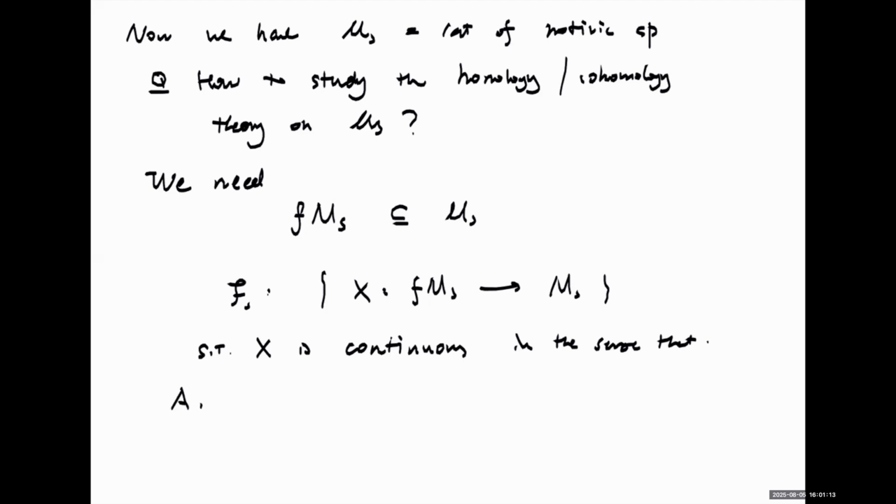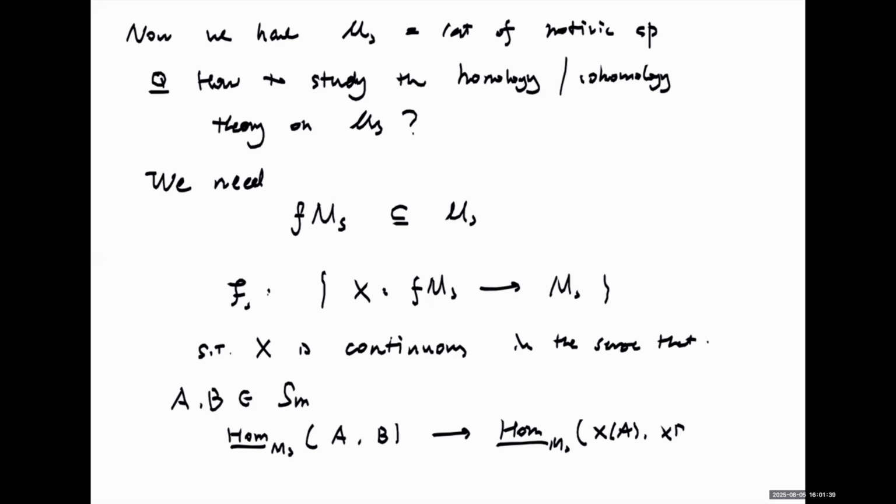for any A and B of smooth schemes, you have the internal hom from A to B to your functor applied on it, from XA to XB.